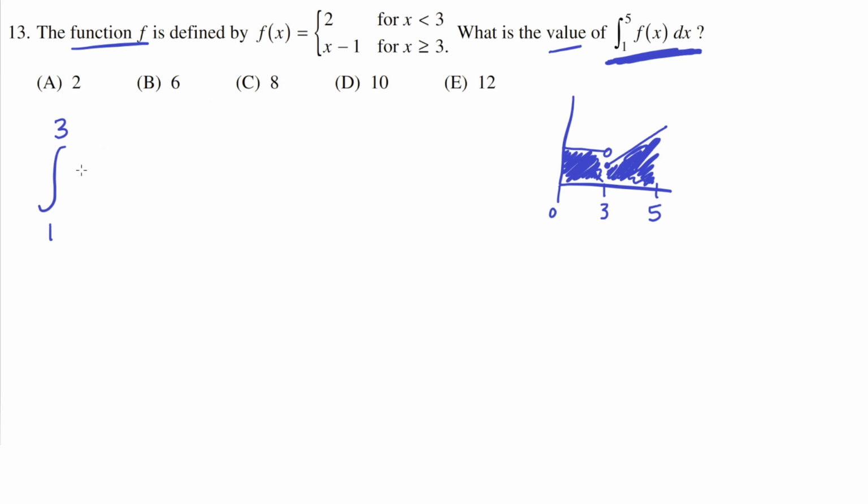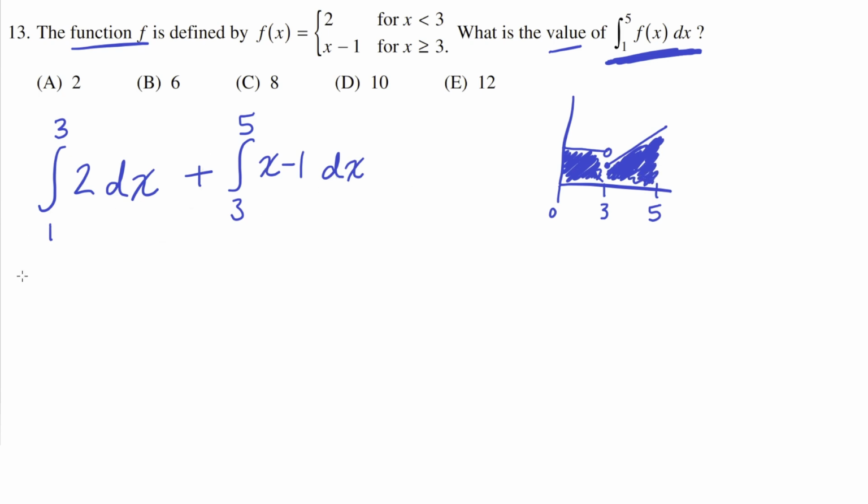So we're going to be taking the integral of the first function, 2, with respect to dx, and we'll add to that the integral from 3 to 5 of the second function, which is x minus 1 with respect to x, since for values greater than 3, like 3 to 5, the function is y equals x minus 1.